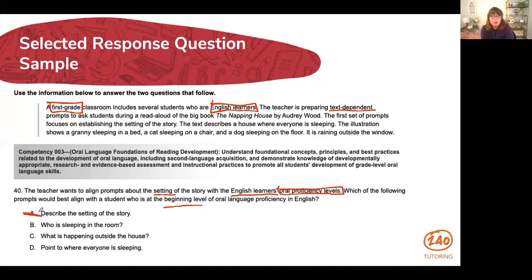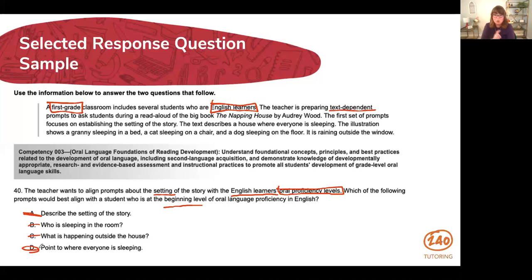Although the prompts' complexity varies in each one, since all of the other choices require the students to speak, they are not appropriate for an English learner who's at the beginning level of oral language proficiency. So we want an option that allows them to communicate without speaking. The only one they don't have to speak is option D.